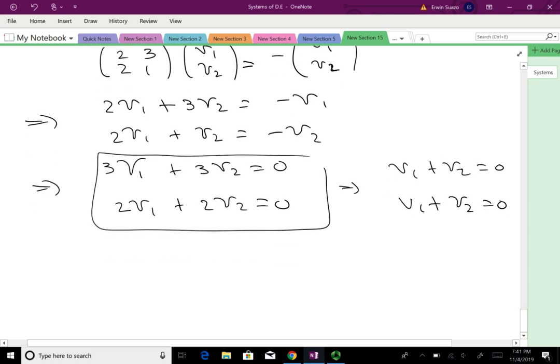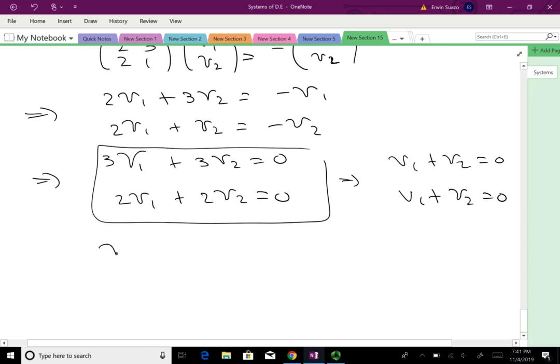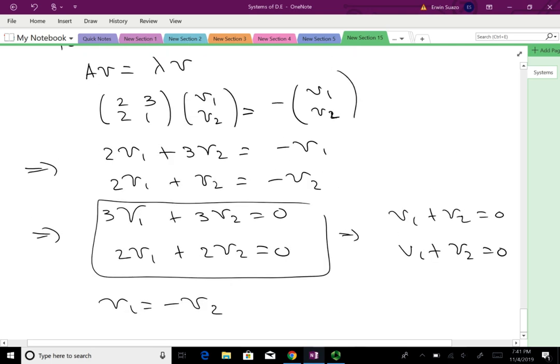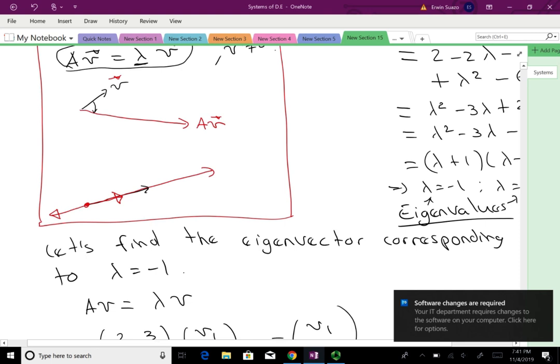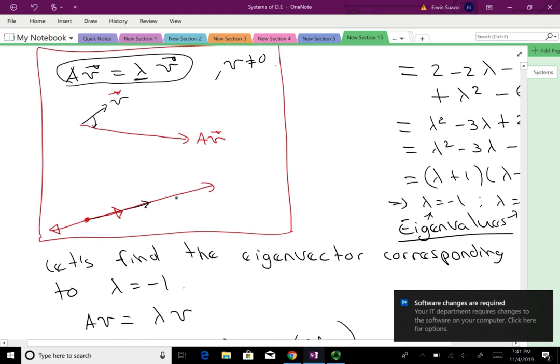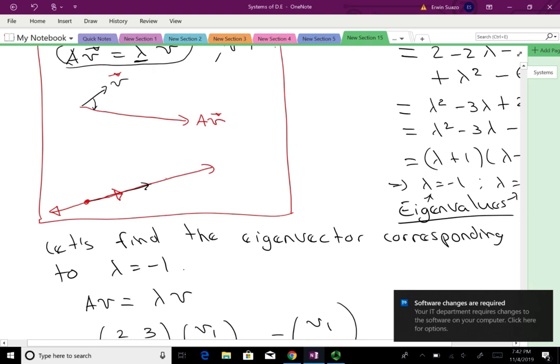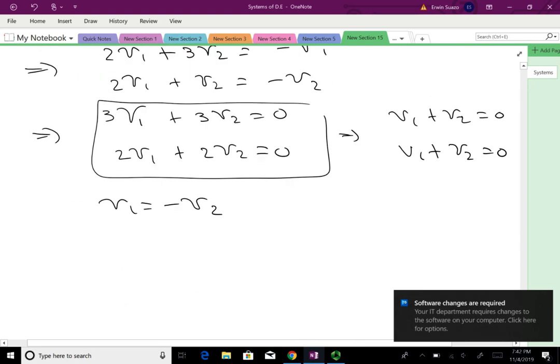So you really have one equation, B1 equals minus B2. Remember, you just need one eigenvector. Once you find one, you will find infinitely many, because all of them are on the same line. They will not be rotated.